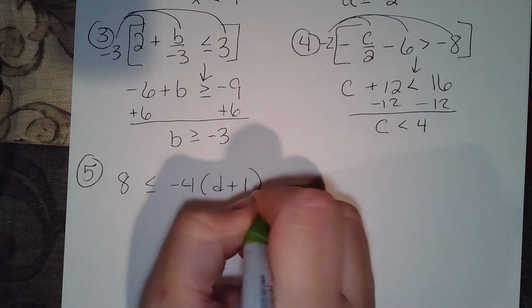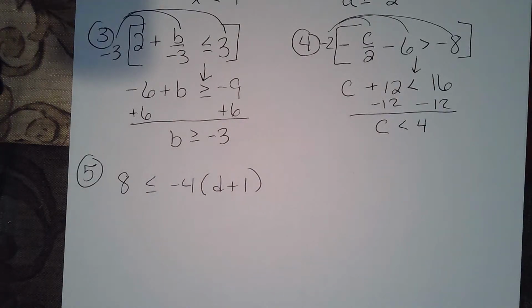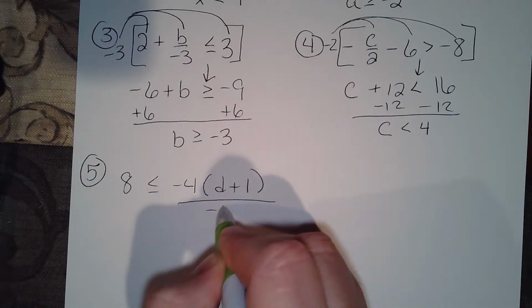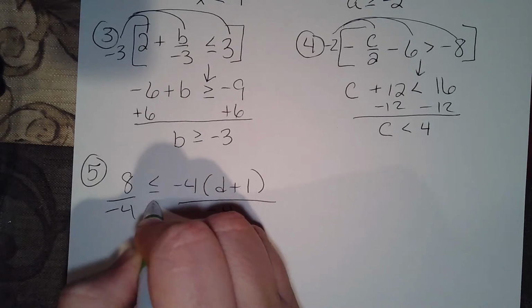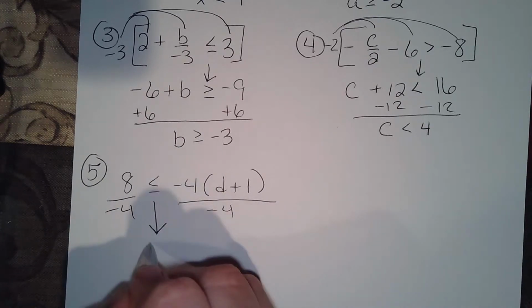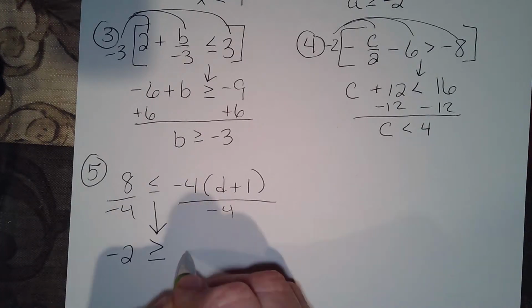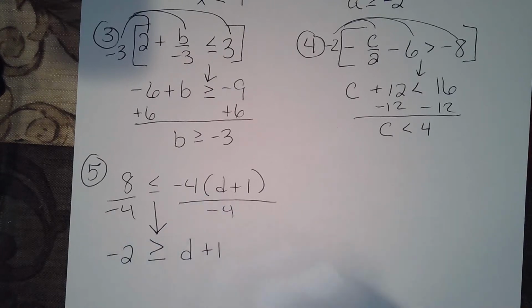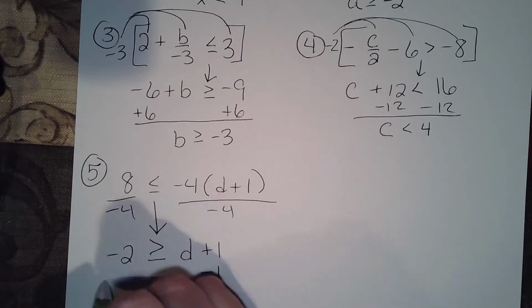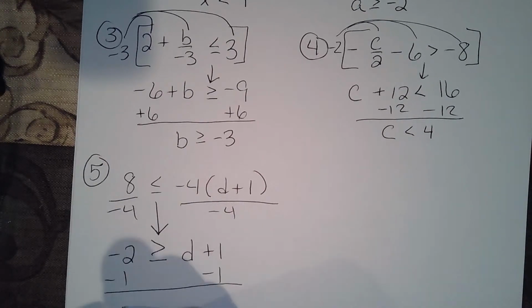Now, I know we taught you to do distributive property, but this is counterintuitive. If they're held by multiplication, you can actually divide both sides by that number out front. So if we divide both sides by -4, this is going to cause my inequality sign to switch. So this becomes -2. And this just becomes d plus 1. So now I'm going to subtract 1 from both sides, and I get -3 is greater than or equal to d.